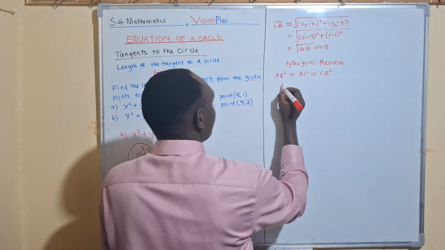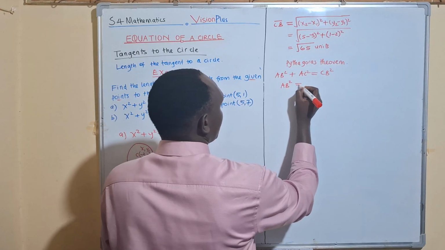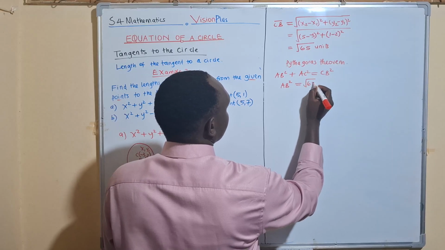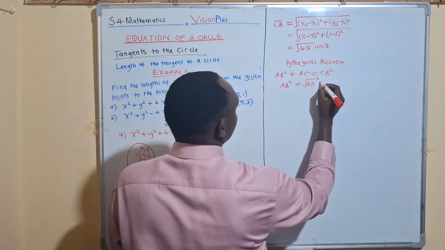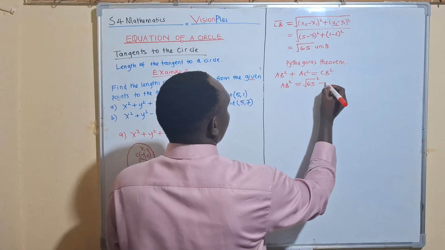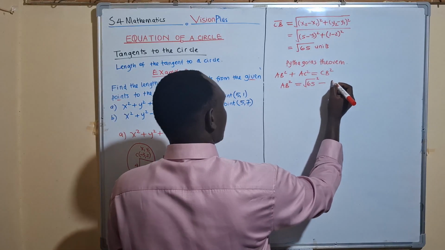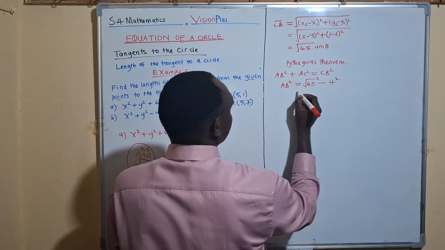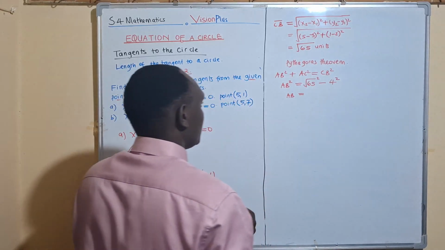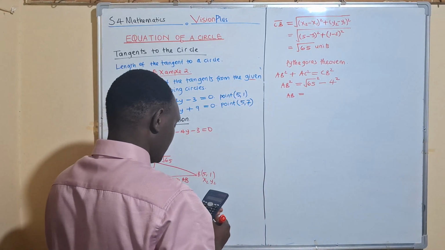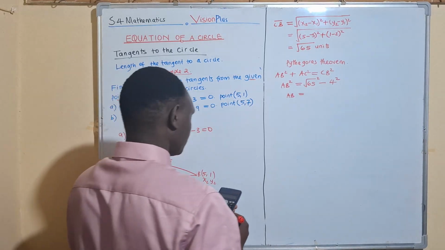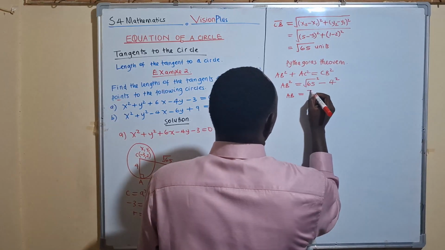That means our AB squared becomes equal to, what is CB? CB is root of 65, but we're squaring it, minus AC squared, which becomes 4 squared. Therefore, our length AB becomes root of 65 squared minus 4 squared, under root. I'm getting 7 units.